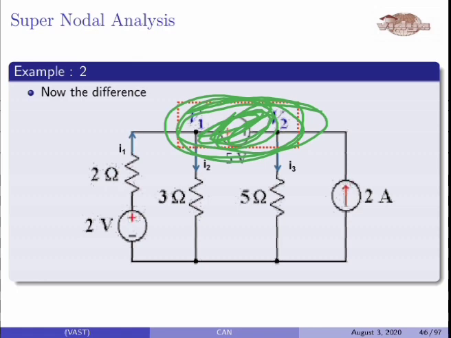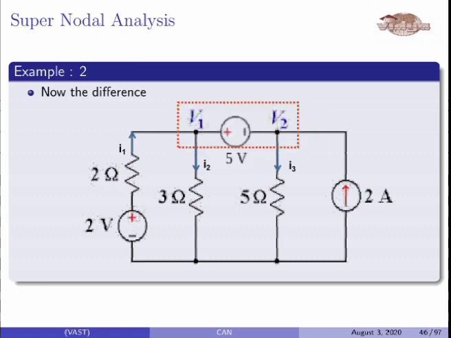So at this supernode, Kirchhoff's Current Law states that incoming current is equal to outgoing current, that is I1 plus 2 will be equal to I2 plus I3. I1 and 2 ampere are incoming currents and I2 and I3 are outgoing currents. That will be the KCL equation at the supernode. So you will get an equation.